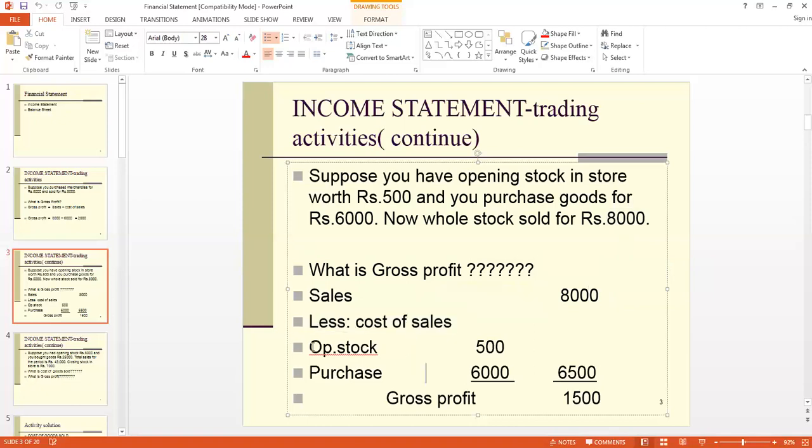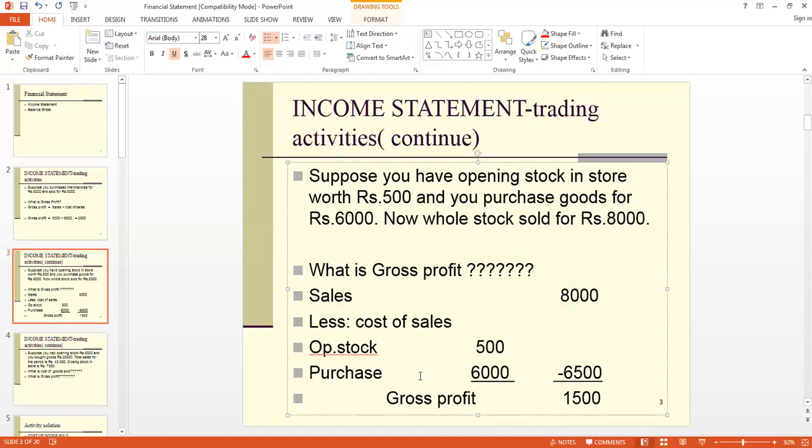Cost of sales will take opening stock of 500, then purchase value of 6,000, and your total sum is 6,500. So 8,000 is sales value, cost of sales is 6,500. If you minus it, then you get profit of 1,500. So this profit will be called gross profit.